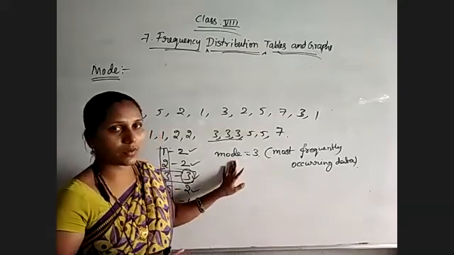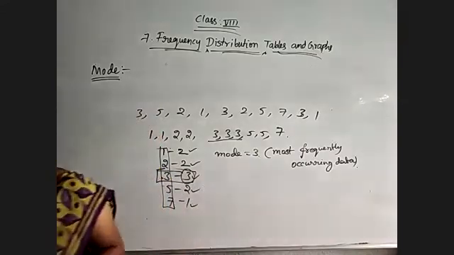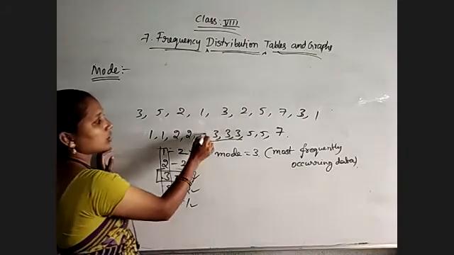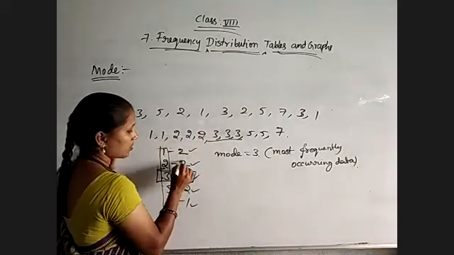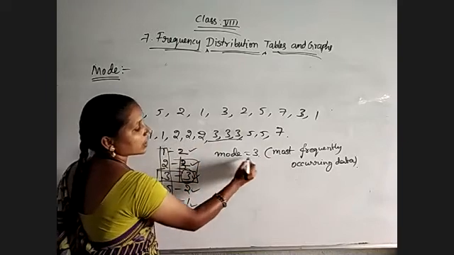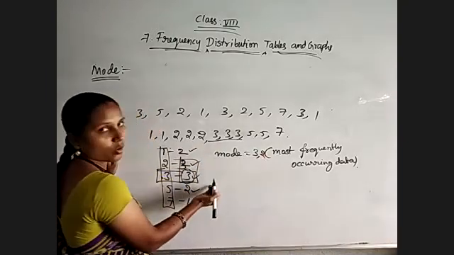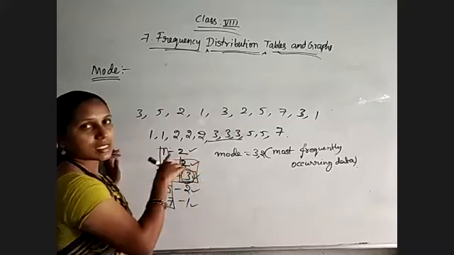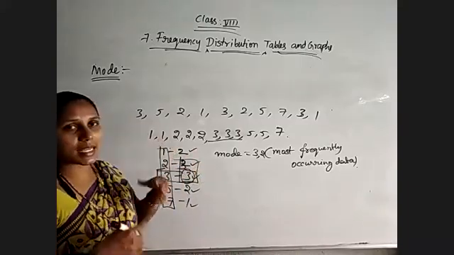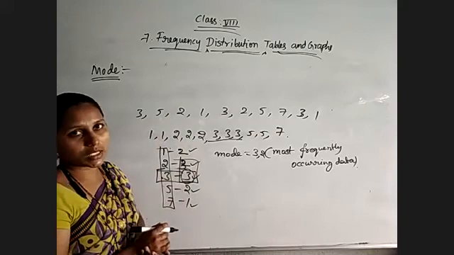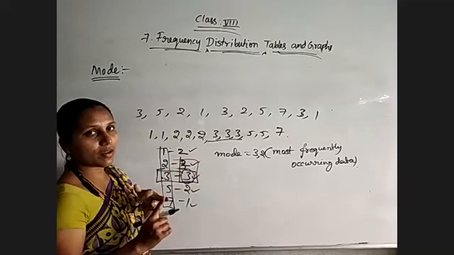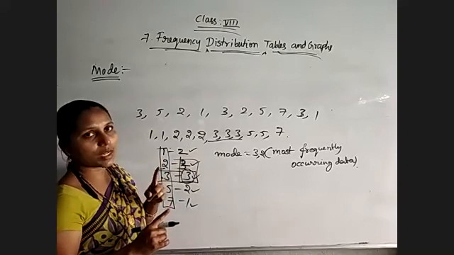And if 2 also occurs 3 times, then this data has 3 and 2 as modes. If every number is occurring an equal number of times, there is no mode. And if only one number occurs more times, then the data has only one mode.